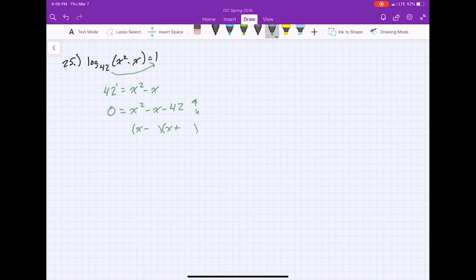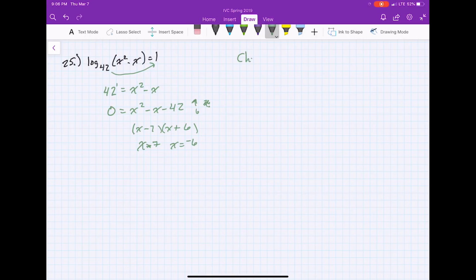Yeah, 7 and 6, that's going to give us 1. So, and 7 times 6 is 42. Yeah, 36 plus 6 is 42. Yep. So 7 and 6 are hard numbers. How exciting. So x is equal to 7 and x is equal to -6.